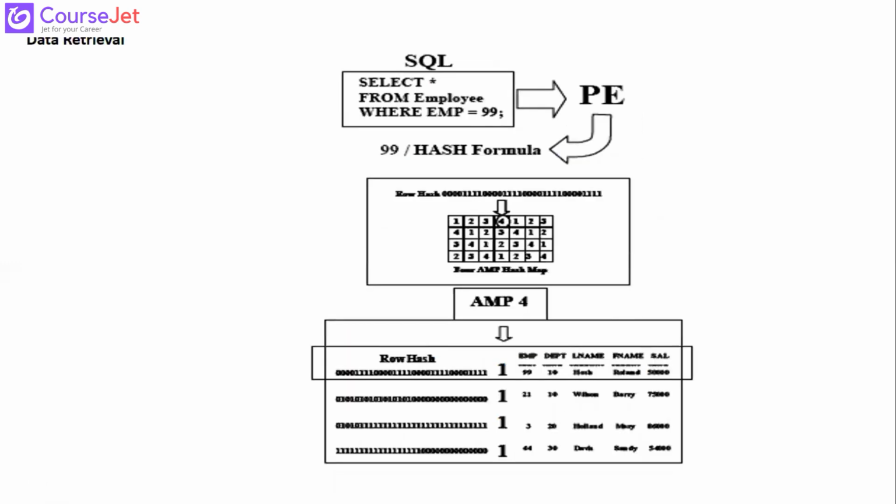This we saw yesterday, just a refresher on how select star from a table works. It will go to the PE, the parsing engine, and the where condition which we specify will be hashed. It will look up the particular AMP where the data is stored from the hash map, and from there it will retrieve the data.